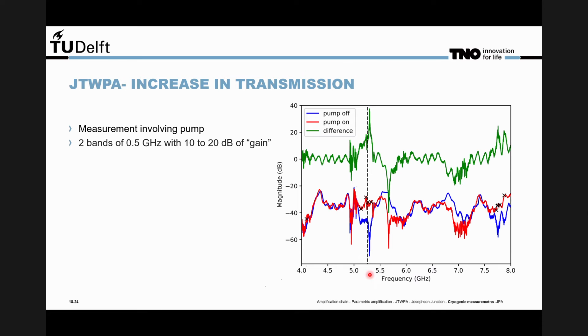From this measurement, we saw that we can get two bands of 0.5 gigahertz where we have 10 to 20 dB gain. This is the band between 5 and 5.5 gigahertz and 7.5 and 8 gigahertz. With gain, I actually just mean increase in transmission.